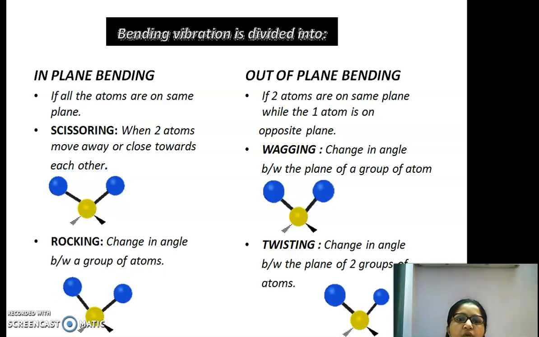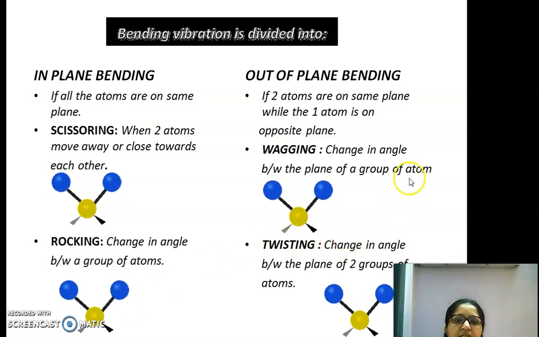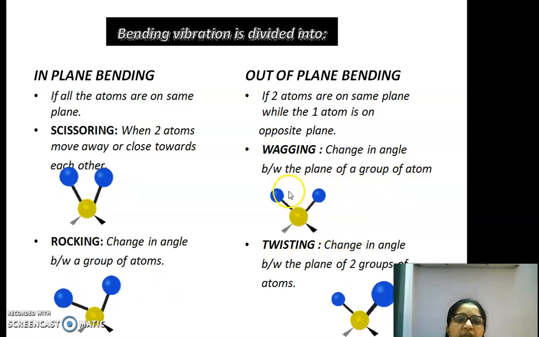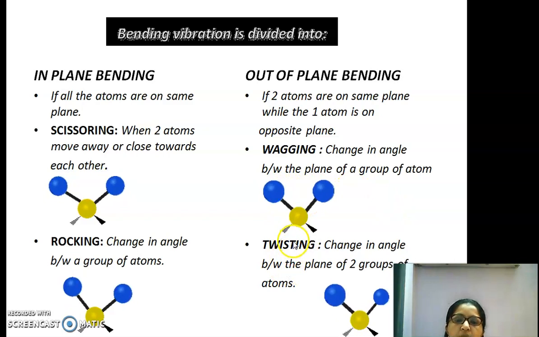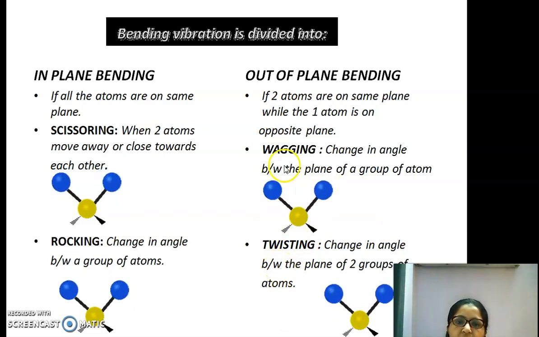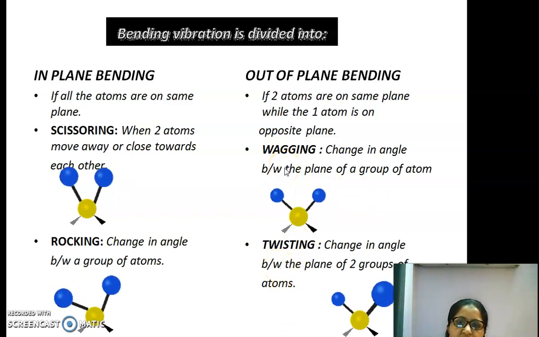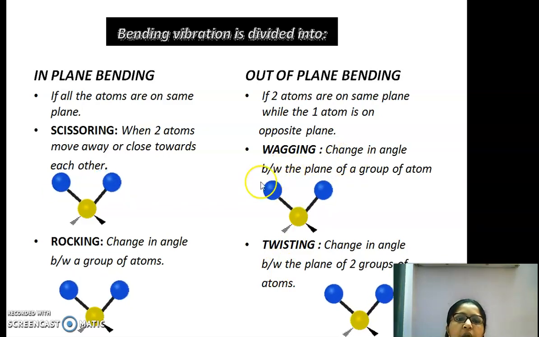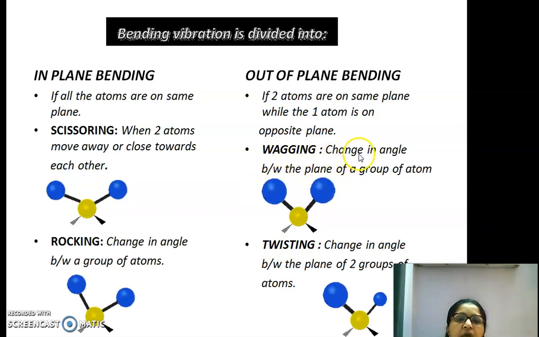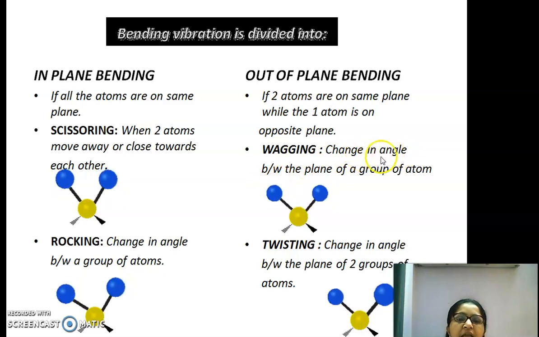Okay, out of plane. Now here see what is happening. Here two atoms are coming out of the plane, towards you, then again moving away from you to the back of this plane. So therefore they are not in the same plane. Therefore, what is the change? Change in angle between the plane of a group of atoms.